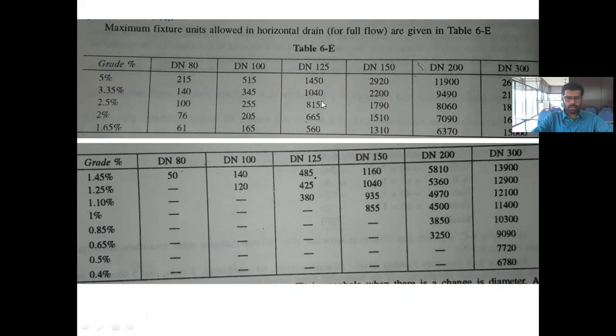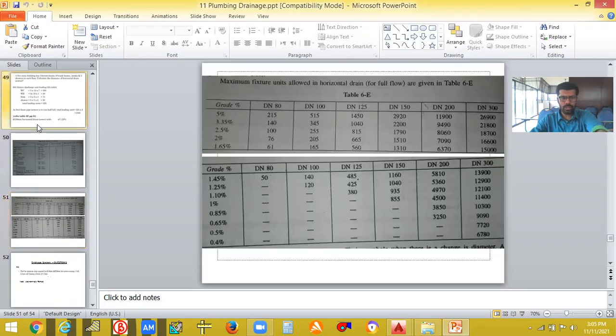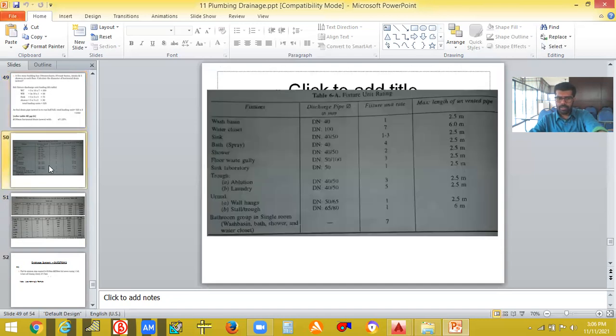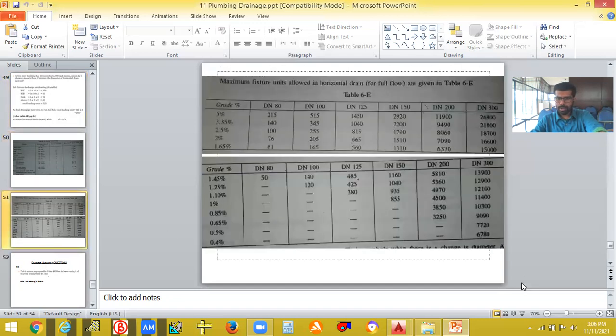What is the fixture unit that we got? It is 1050. For 1050, we have to see how much the pipe diameter is.